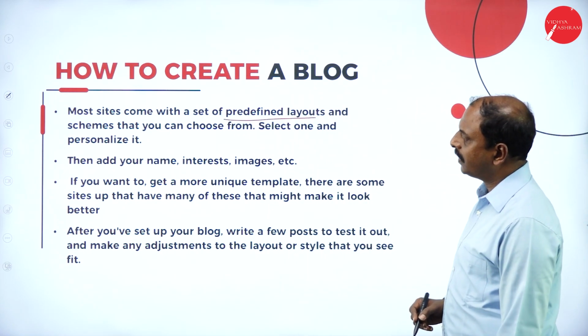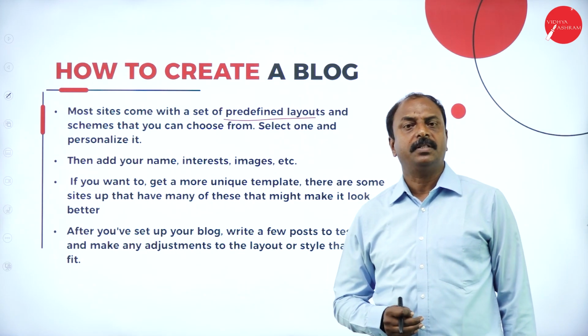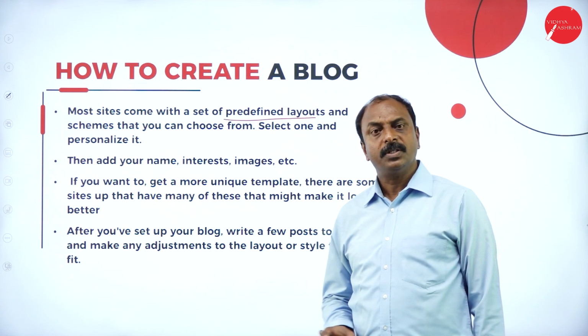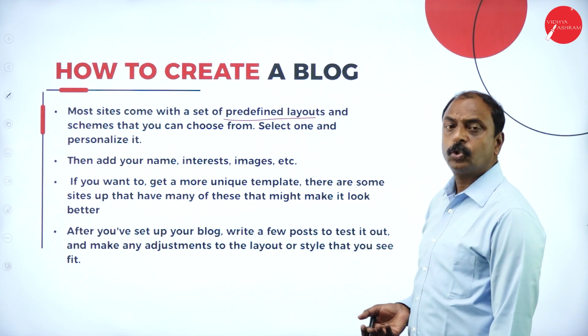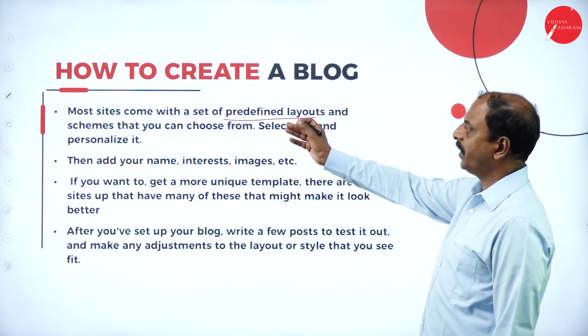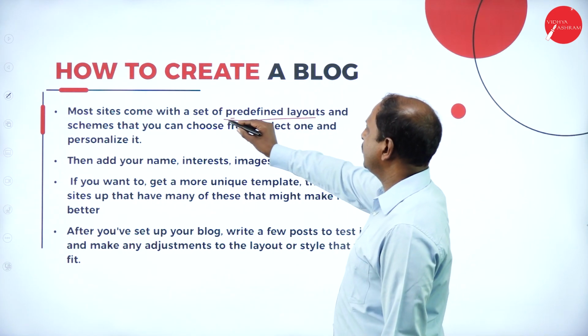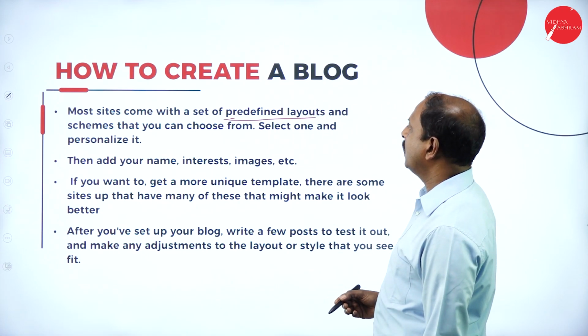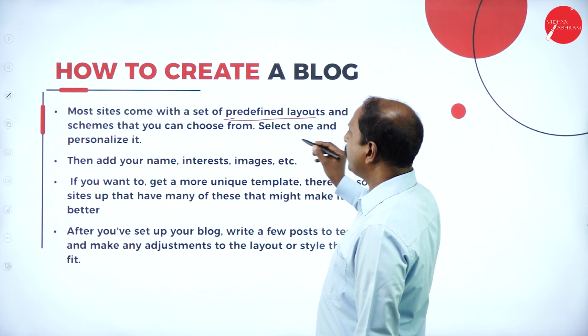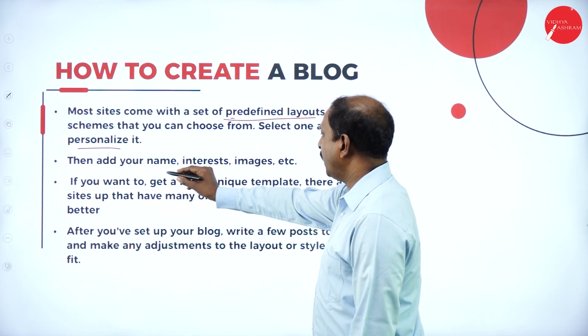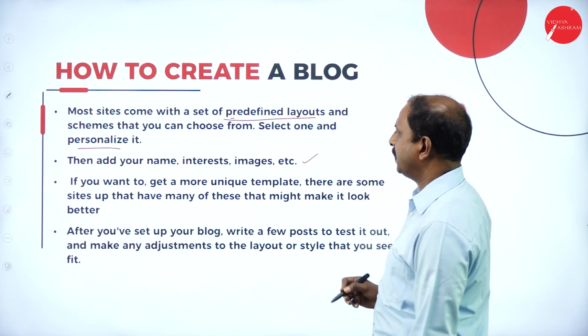You can compare this to PowerPoint, where we have layouts, many backgrounds, and many options. Almost the same options are available in these types of software also. Select one and personalize it. Next, you can add your name, interests, images, etc.